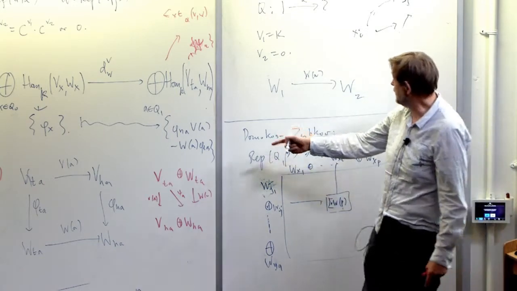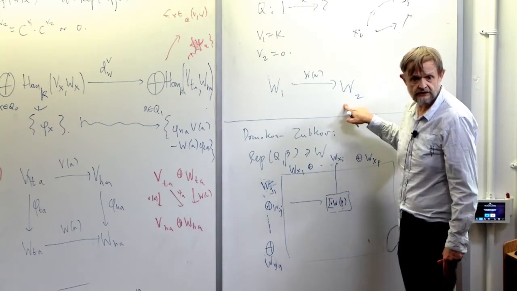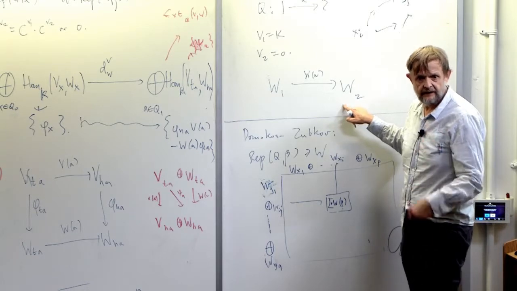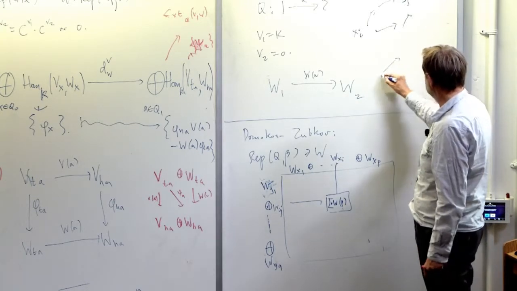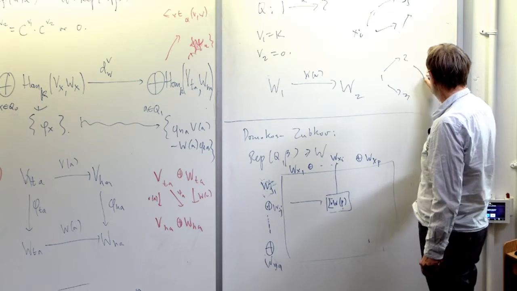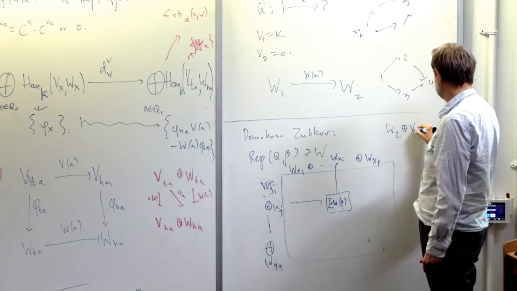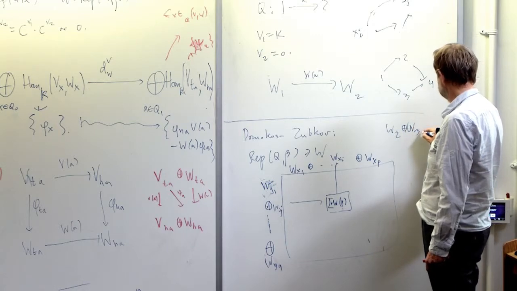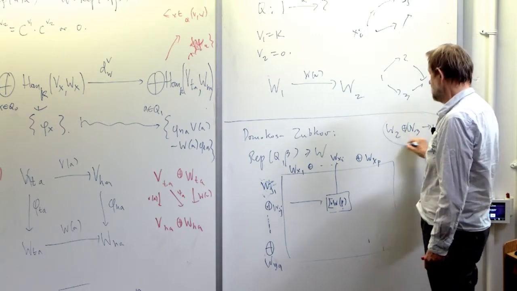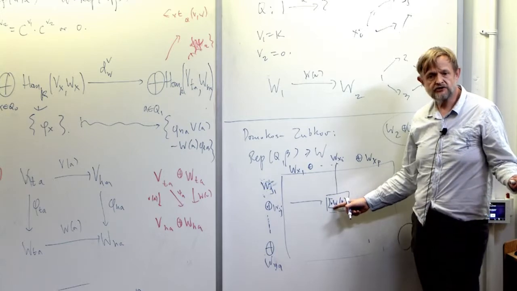Like, for example, I had this W1, W2, right? So this is just a 1 by 1 matrix. If you have a quiver, say 1, 2, 3, 4, you could take W2 plus W3 going to W4, for example. Sum of the compositions over all paths. That's right, you have a choice. You can take one composition.